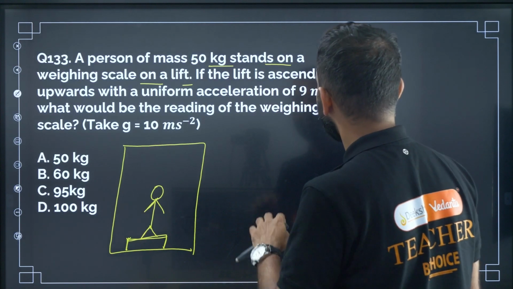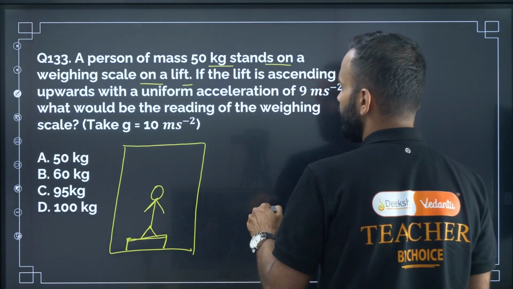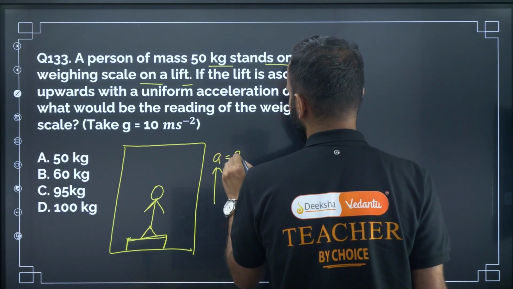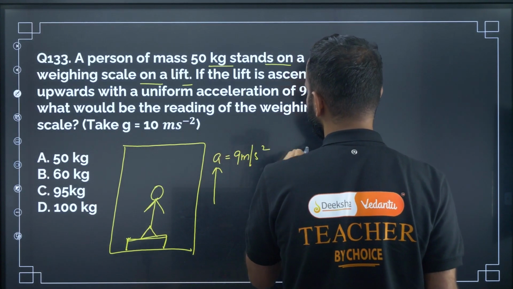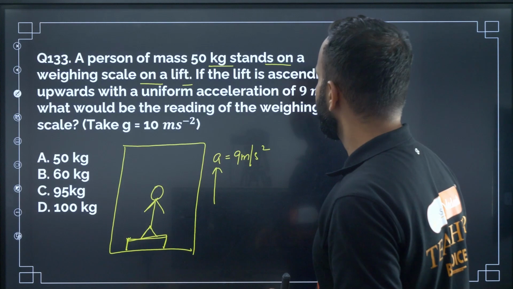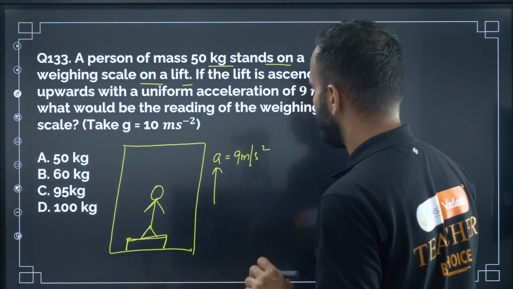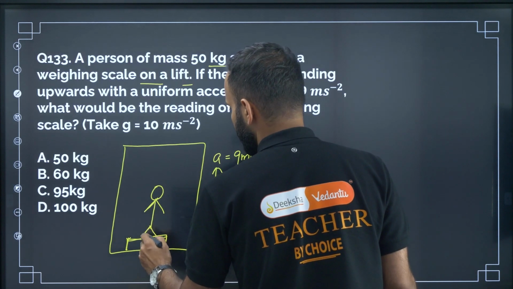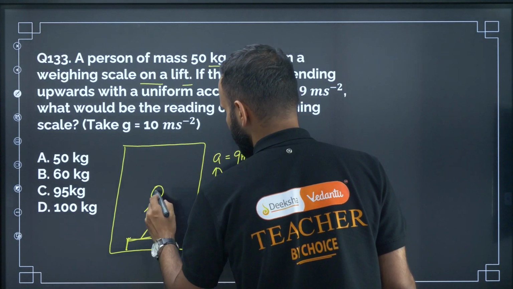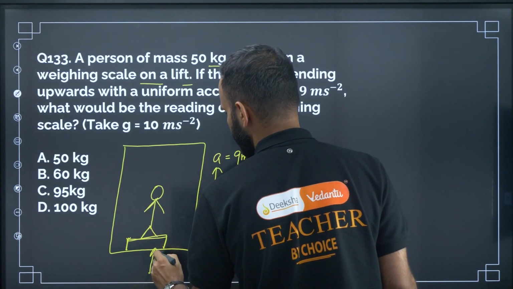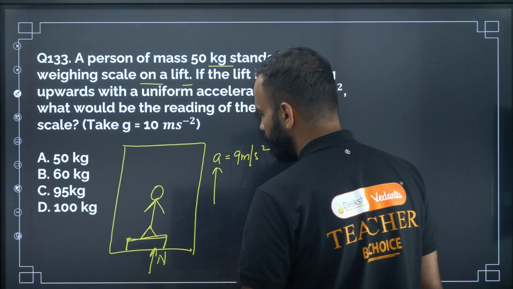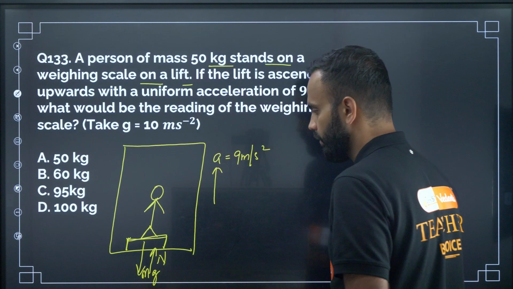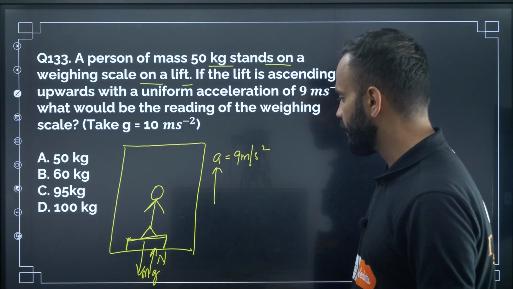If the lift is accelerating upward with a uniform acceleration of 9 meters per second squared, a equal to 9 meters per second squared, what would be the reading of the weighing scale? Here we need to find the reading of the weighing scale. The normal reaction acting on this man is N, and the gravitational force is mg.